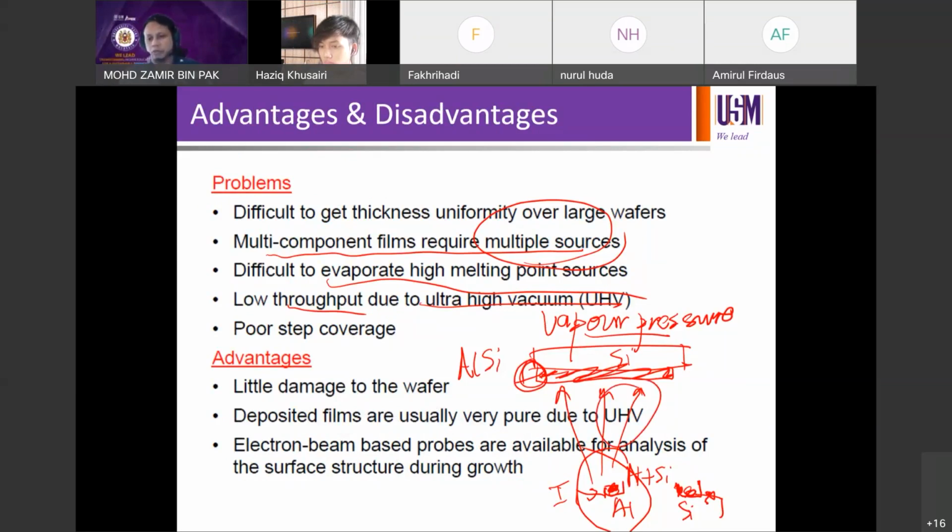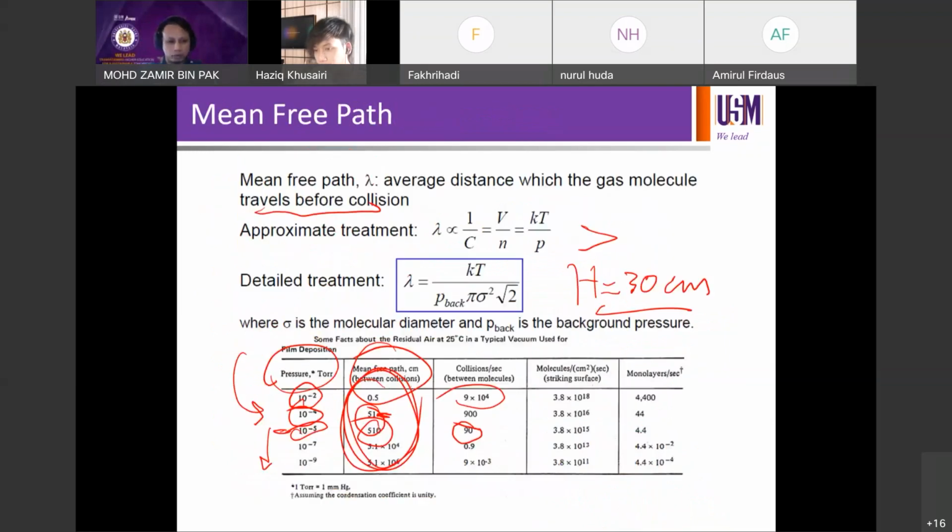Okay, one more thing, if you talk about the vacuum level, as you go down from 10 to the minus 2 to 10 to the minus 9, the purity of the deposited layer will increase. Maknanya, if you deposit at 10 to the minus 2, for example, you probably have some level of oxygen dalam chamber left because it's not evacuated completely.